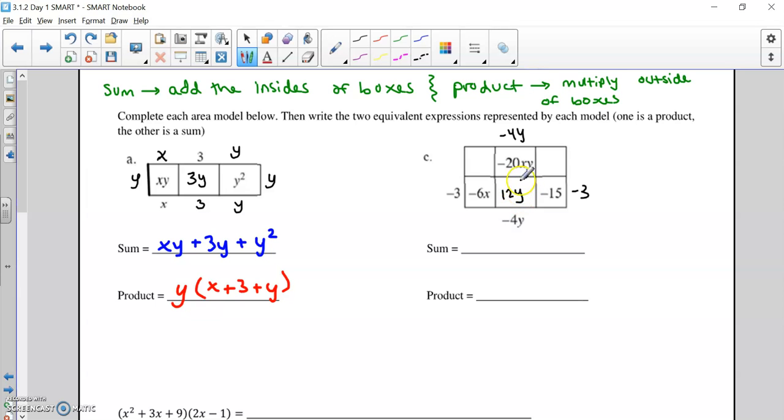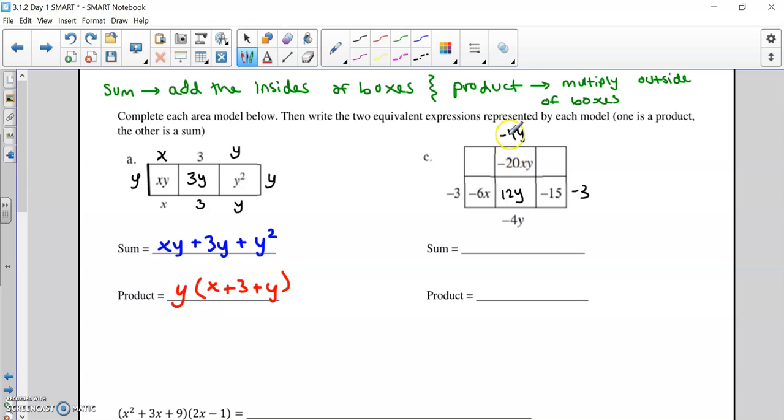All right, making progress. What about this, okay? We don't have the base or the height for any of these two boxes. However, we can go ahead and fill out some more outsides now that we have more information. We know that the inside here is -20xy, and we know that the base is -4y.